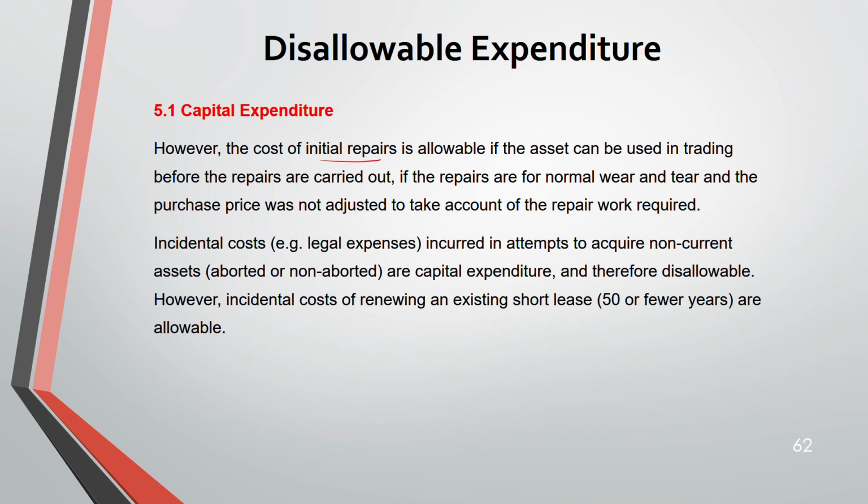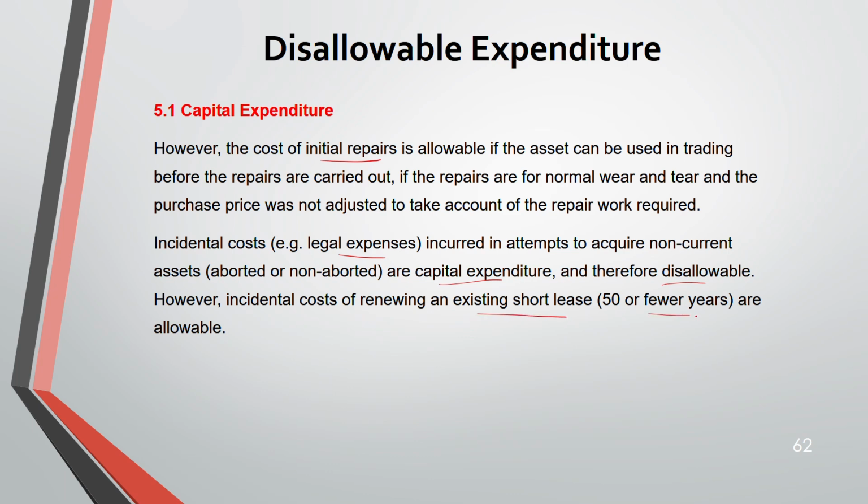Now, there are some incidental costs. For example, legal expenses you have incurred to acquire a non-current asset are capital expenditure. They are disallowable. But the incidental cost of renewing an existing short lease is allowable.